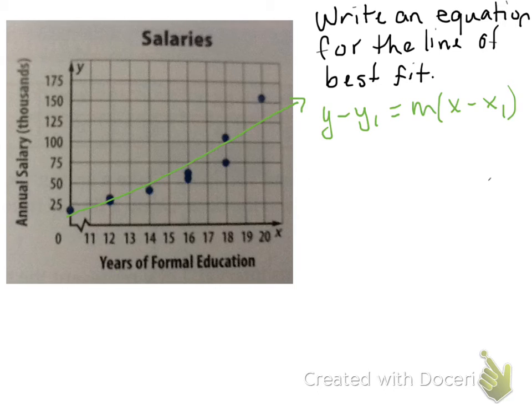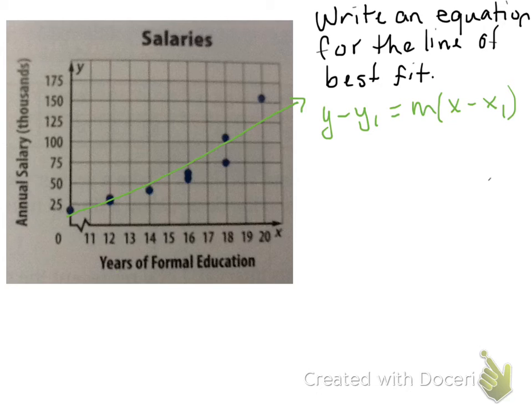So in order to fill in this equation, we need to find the slope. How do you find the slope? Well, we got to find a couple points, not on our graph, but on the line.